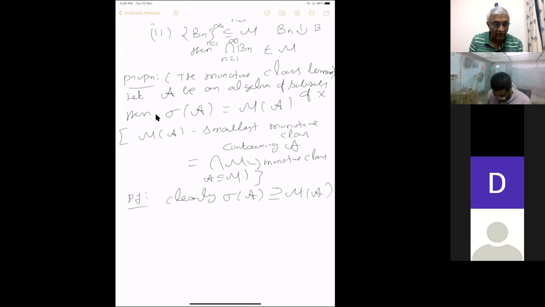So this is a bigger monotone class, and that will certainly contain the monotone class generated by A. That's why this is true.